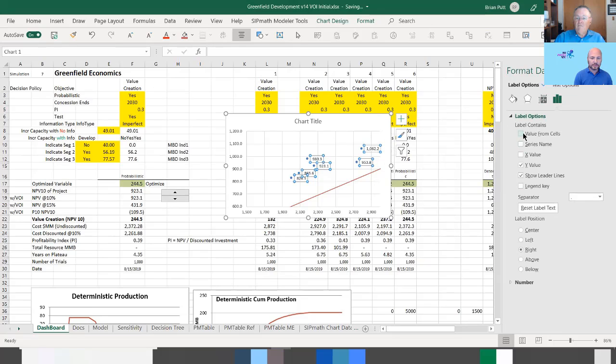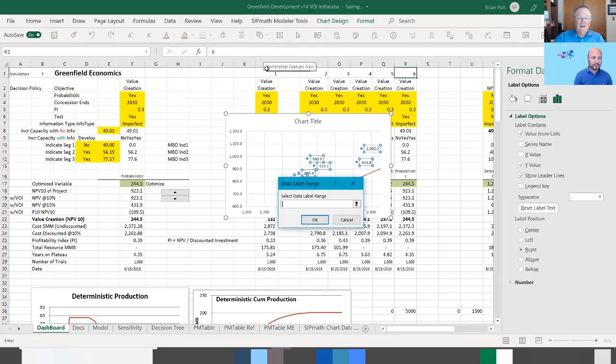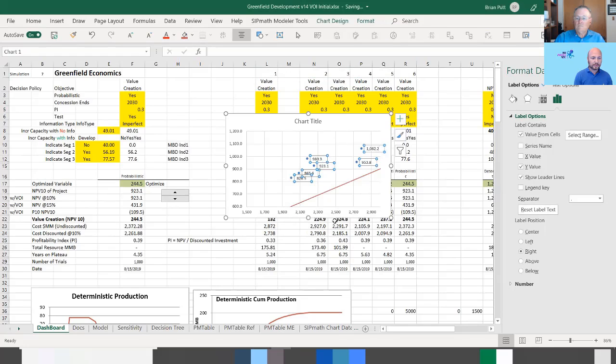Then I can pick values from cells, and I can select these numbers. I don't want the Y values. Then I can turn that off and that off.